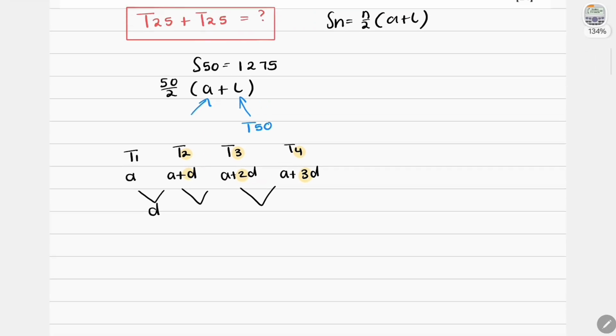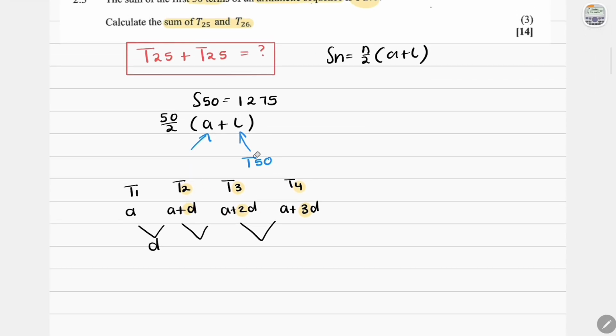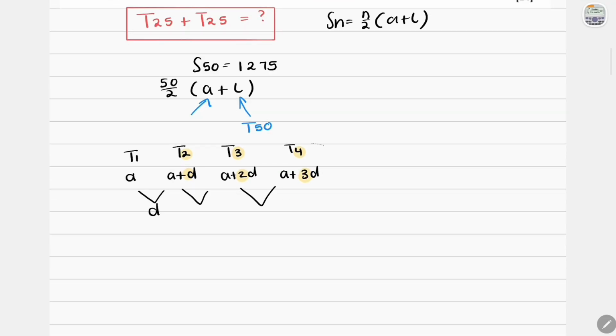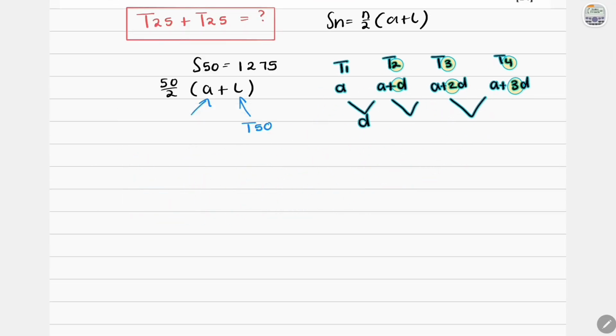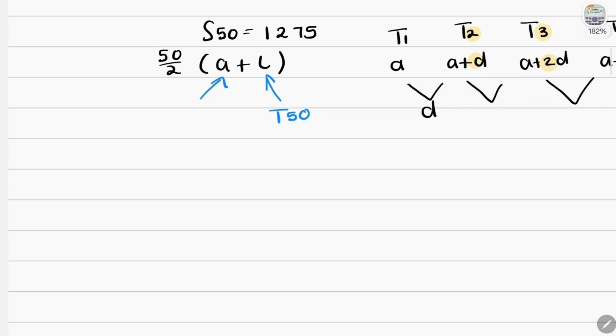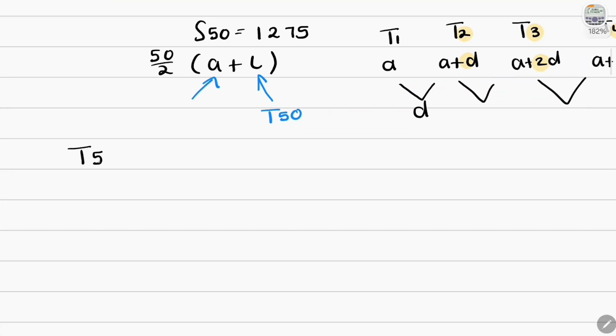So that means we can actually express term 50 in terms of A and D. So let me just keep this on the side. This is just info to find this. Okay, so it means that term 50 can be expressed as A plus 49D.